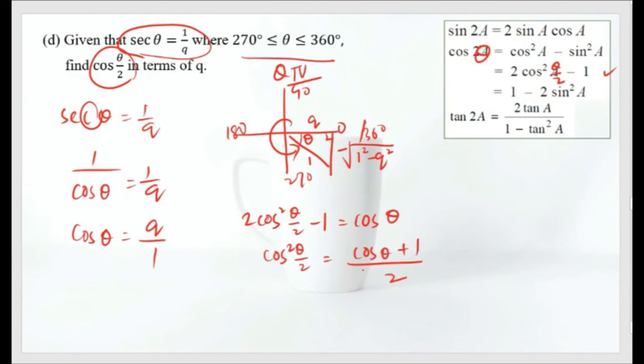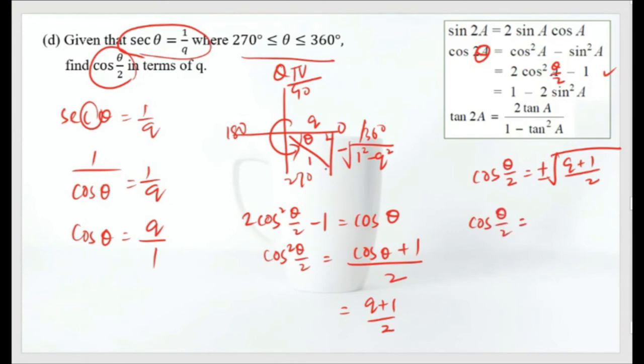Then we find the value for cos theta. Cos theta is this one, q. Cos theta is q, so cos square theta over 2 is q plus 1 over 2. So cos theta over 2 is the square root of q plus 1 over 2. Which one, positive or negative? We'll accept one only.